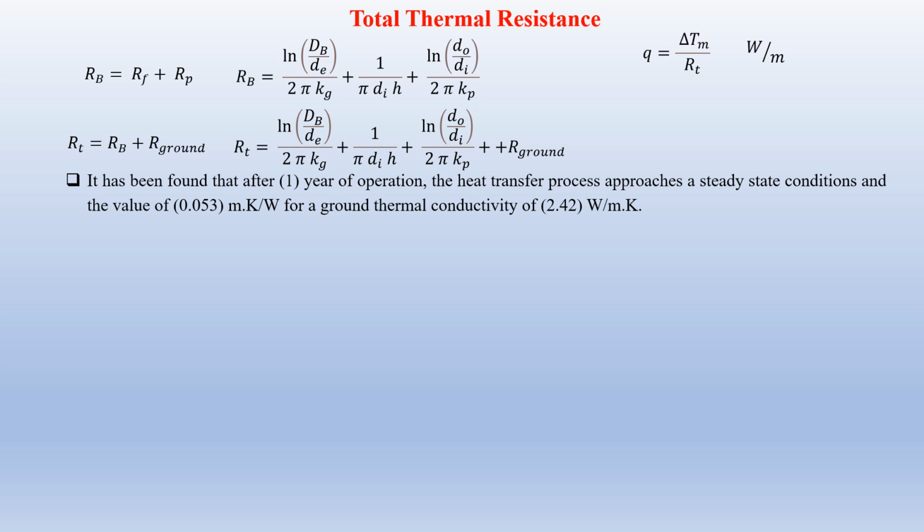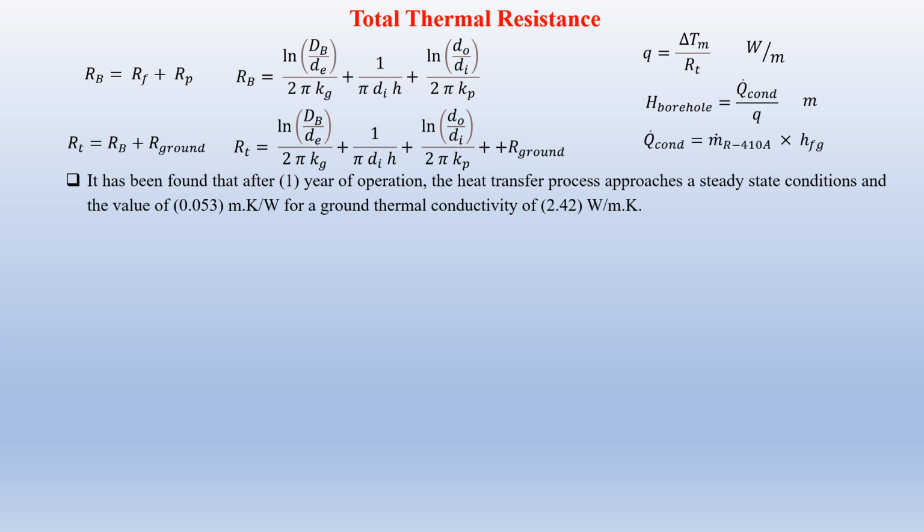Here we have to mention that Q depends on delta T mean. And delta T mean refers to the temperature difference between the soil and the fluid that flows inside the heat exchanger.